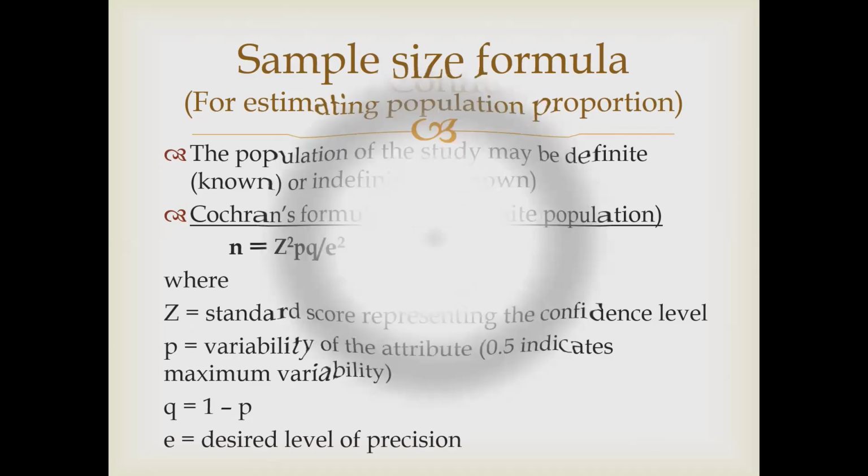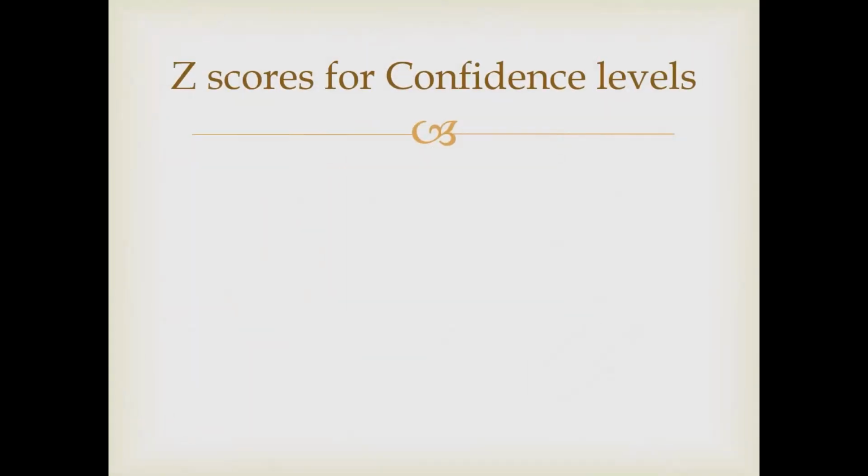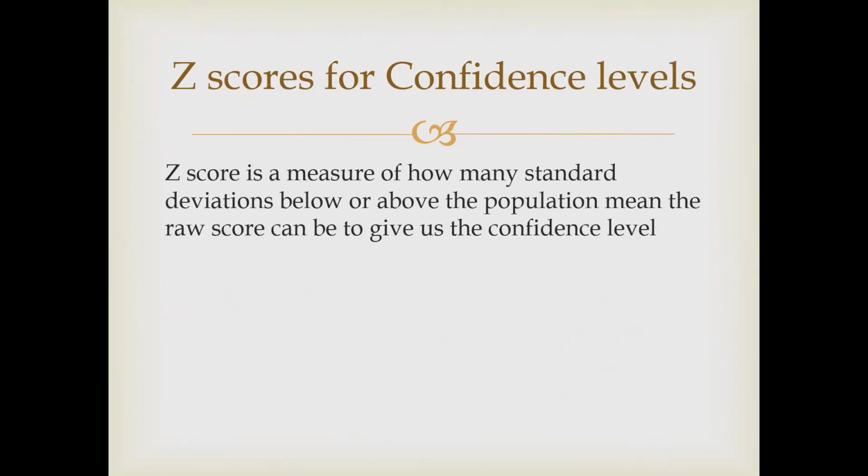Okay. So let's take the confidence, Z score. For confidence interval, Z score is a measure of how many standard deviations below or above the population mean. We are going to estimate the population mean. So Z score represents how many standard deviations below or above the population mean.